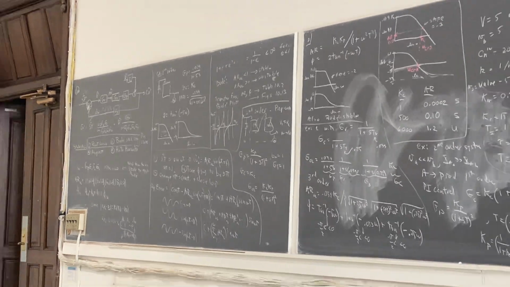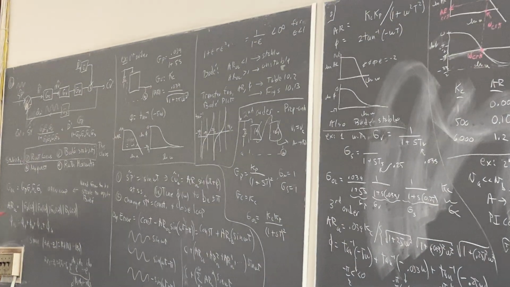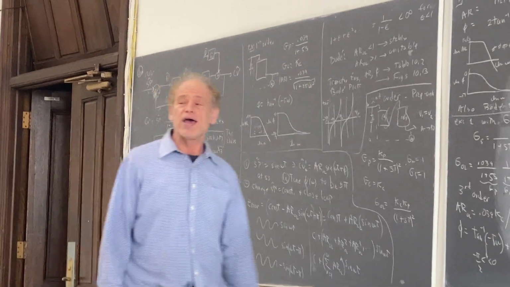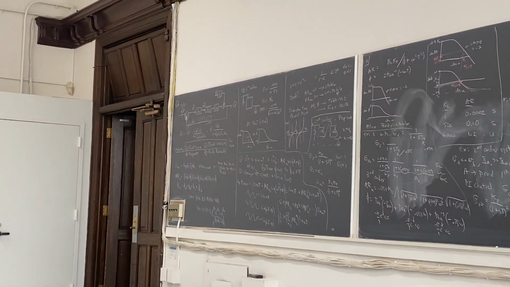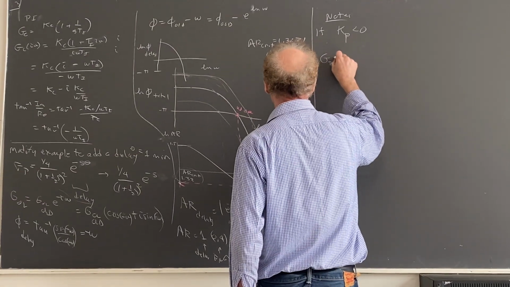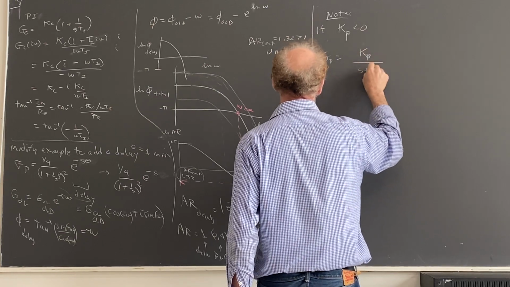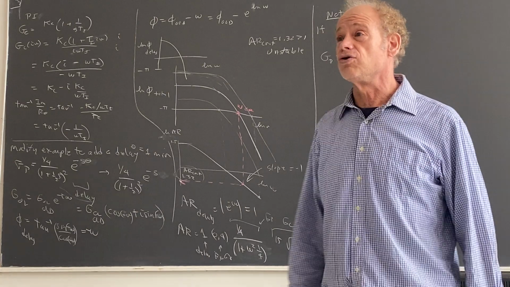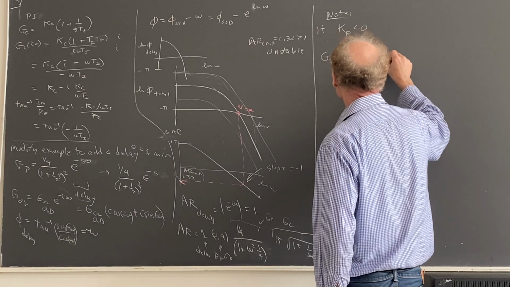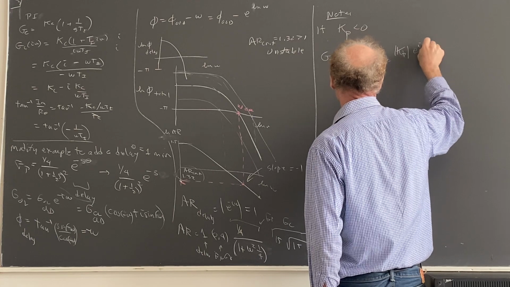Well, when I calculate an amplitude ratio, notice an amplitude ratio is a magnitude. So an amplitude ratio is always non-negative. It's never negative. So whenever I have Kp that's negative, I always have to use the magnitude of Kp. So my Gp, which is going to be Kp times some stuff, first order, second order, anything else, when Kp is negative, I want to write this as the magnitude of Kp times e to the i pi over stuff.